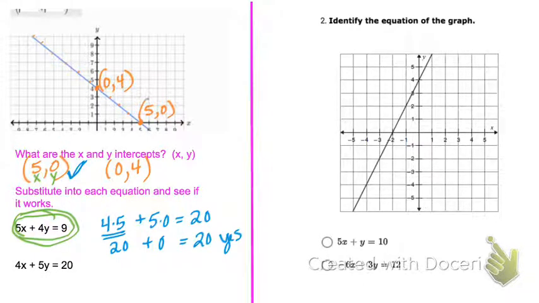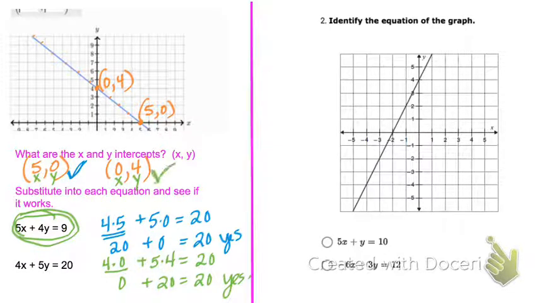Then you want to test out the other point. So let's put in x is 0, y is 4. I'm going to rewrite the equation, but wherever there's an x, I'm going to put 0, so it's 4 times 0 plus 5 times, wherever there's a y, I'm going to put a 4, equals 20. Now let's see if that's true. 4 times 0 is 0. 5 times 4 is 20. 0 plus 20 equals 20.